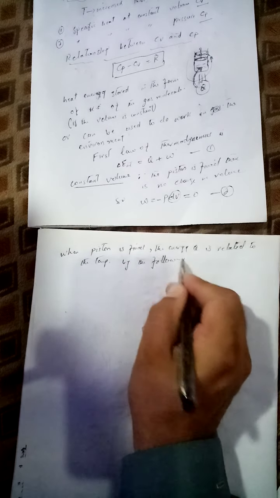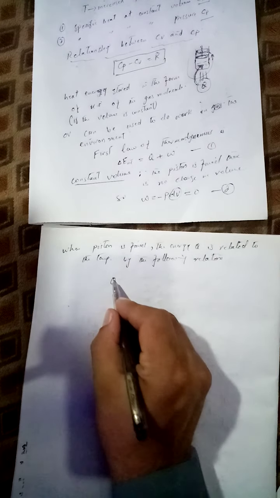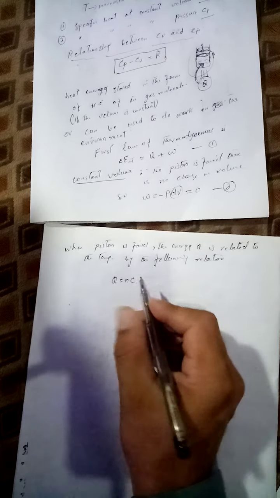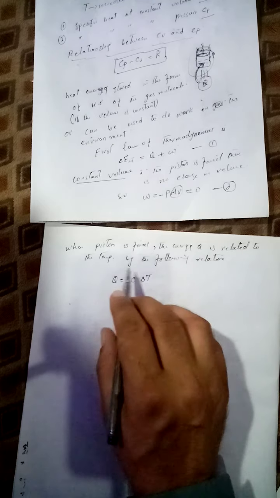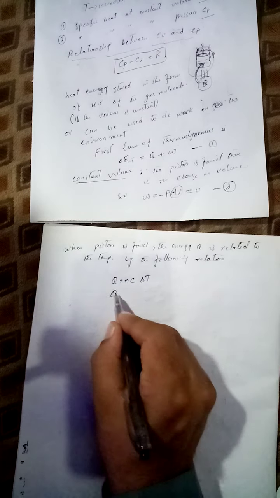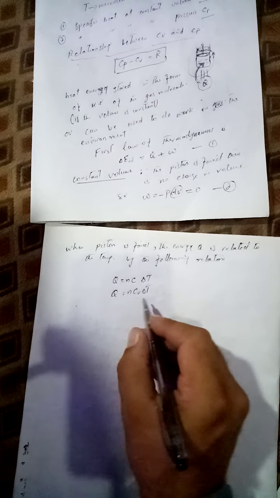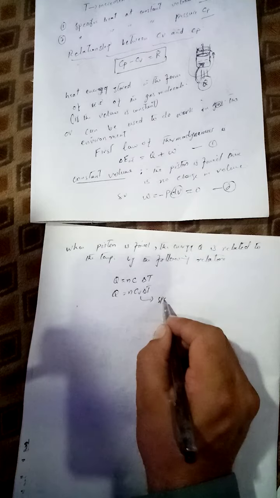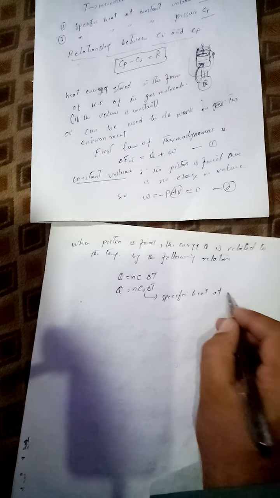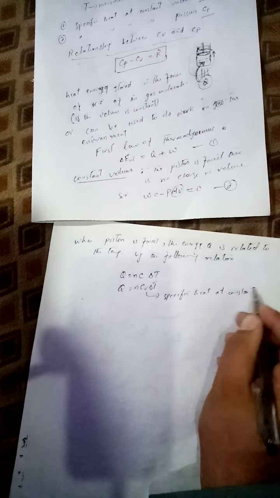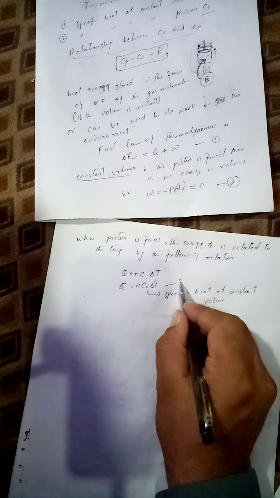Q is equal to nC delta T. But the piston is fixed, volume is fixed, so we can say that Q is equal to nCv delta T, where Cv is the specific heat at constant volume. Let's say this is equation number 3.